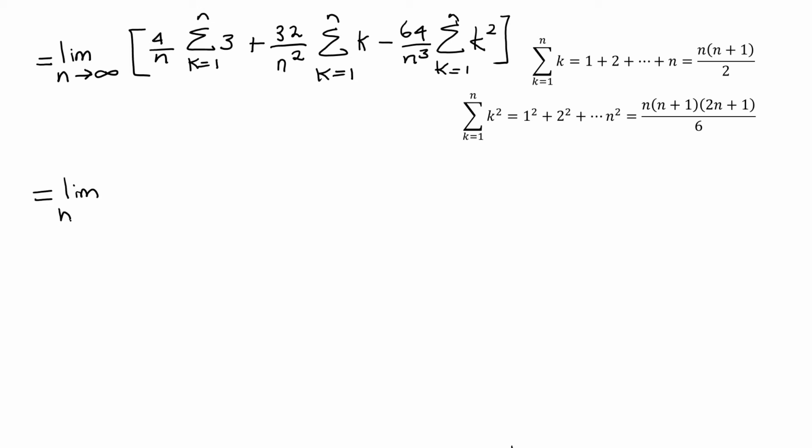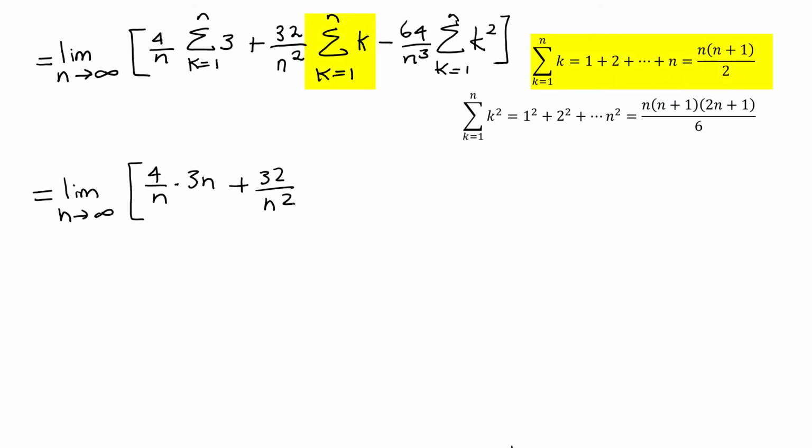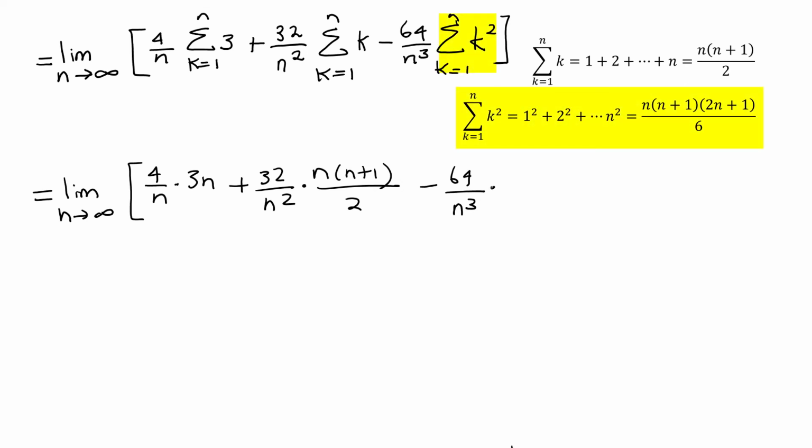The limit as n approaches infinity, 4 over n, and then the summation as k goes from 1 to n of any constant is just that constant times n, plus the 32 over n squared, and then for the summation as k goes from 1 to n of k, we will replace that with n times n plus 1 divided by 2, minus 64 over n cubed, and for the summation of k goes from 1 to n of k squared, we'll replace that with n times n plus 1 times 2n plus 1 divided by 6.